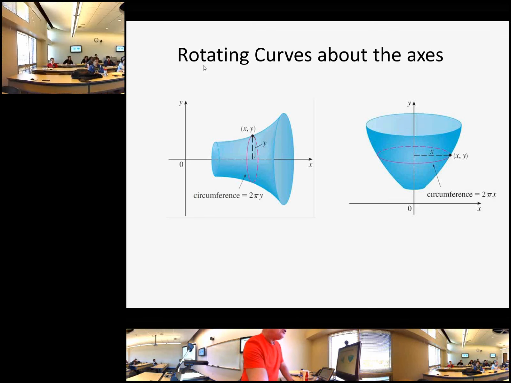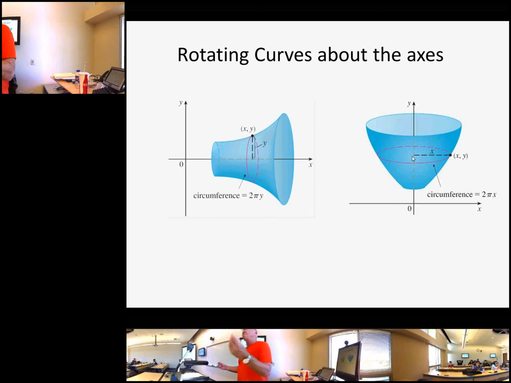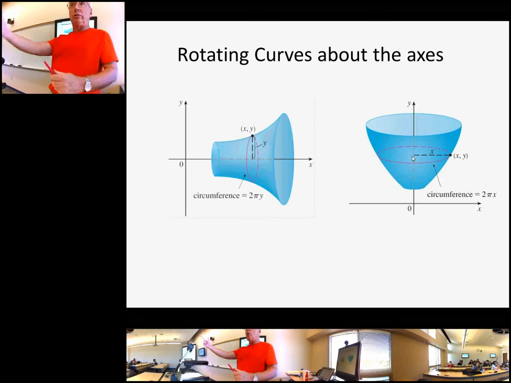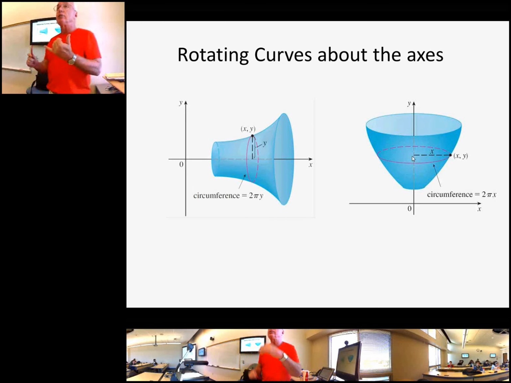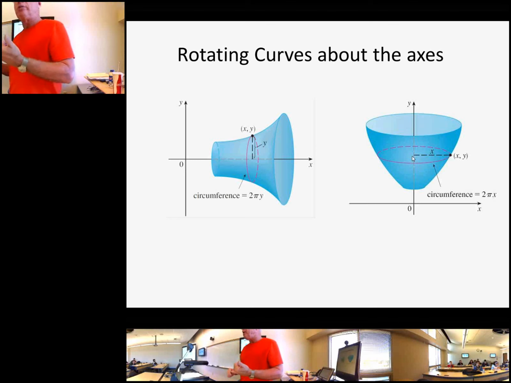So one thing I want to point out here, let's look at this one on the right-hand side. First of all, we basically take a slice and we use the formula for the circumference of a circle, because this is revolving around, we get circles. So the circumference of a circle is diameter times pi, right? Or 2 times pi times the radius. All right?